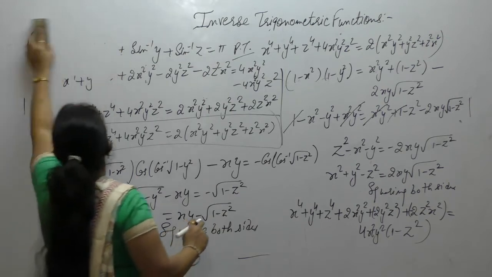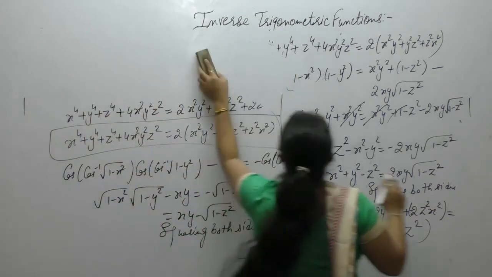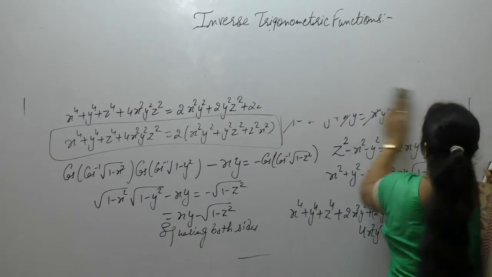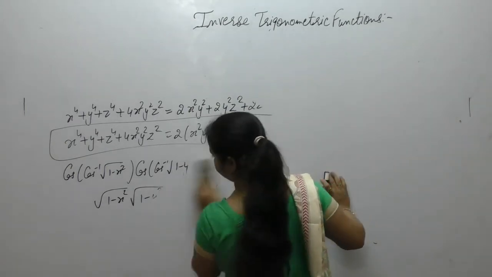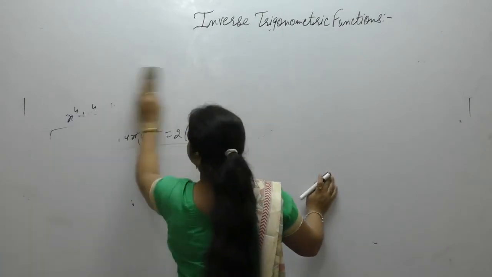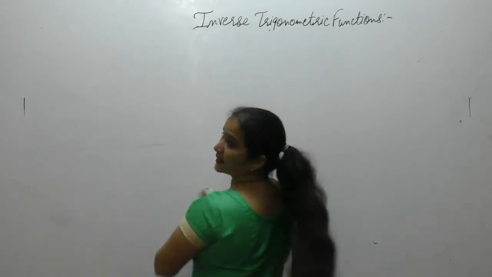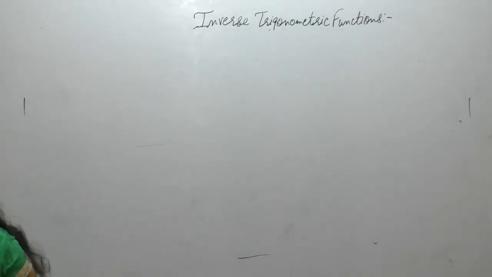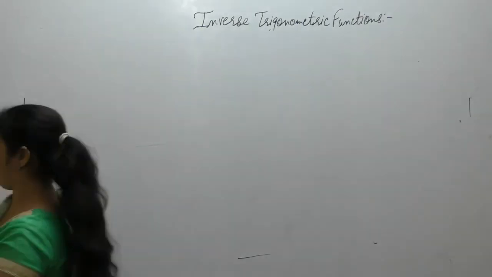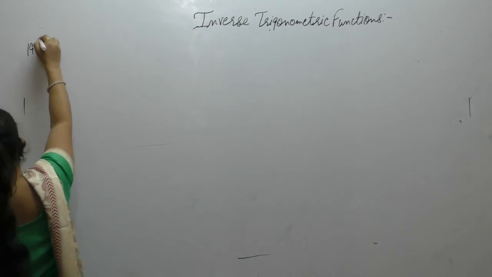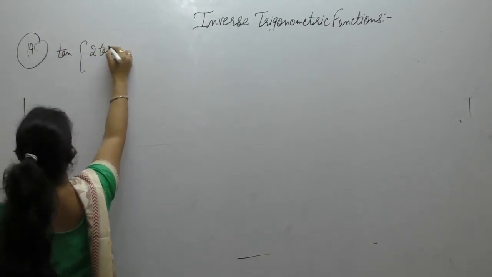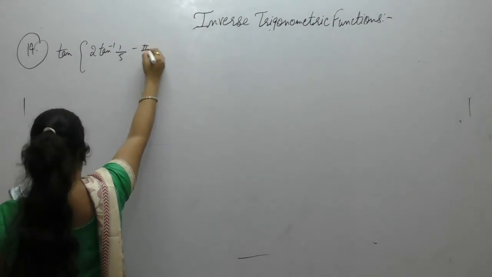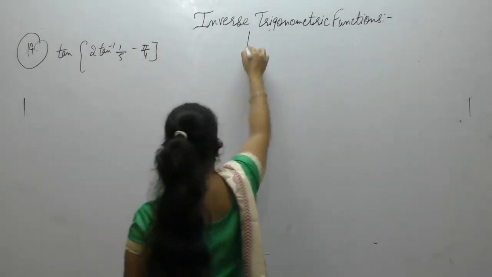Now the next one. Now the next question is: evaluate tan of (2 tan⁻¹(1/5) − π/4).